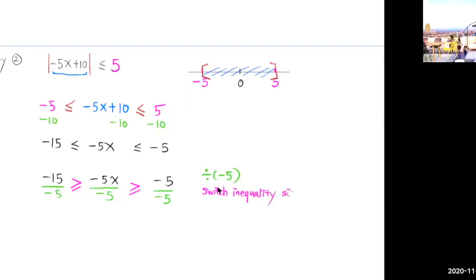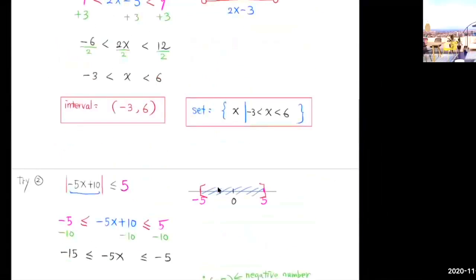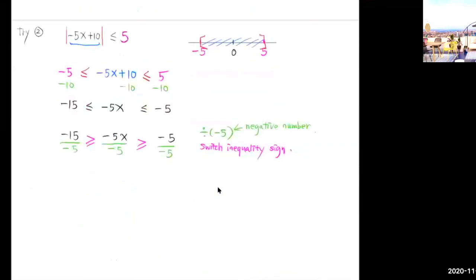Over here we divide by a negative number, so that's why we switch. The last one, we divided by positive 2, so no switch. Only when you divide by a negative quantity do we switch the inequality sign.